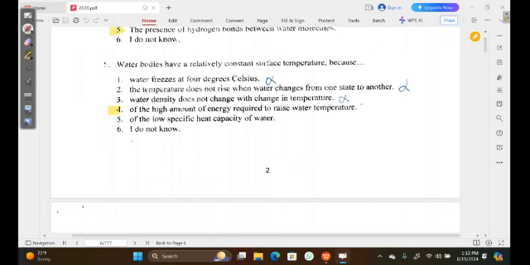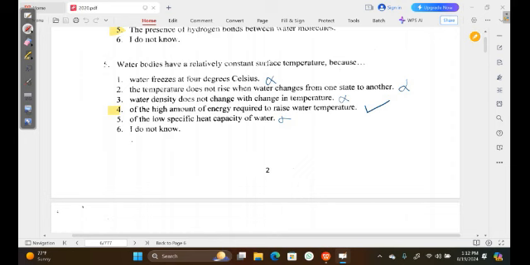To reach such a state, you require a high amount of energy, which is why this option is true. Then option 5 is saying because of the low specific heat capacity of water. From option 4, we can tell that water actually has a high specific heat capacity rather than low. So that makes this option wrong as well.